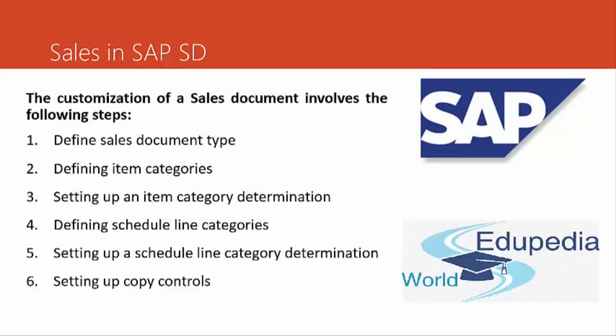So we have learned the customization of sales documents. We defined sales document type, we defined item categories, we learned how to set up an item category determination, we learned about defining schedule line categories, we learned how to set up a schedule line category determination, and we set up copy controls. So we have learned about the main customization of sales documents.